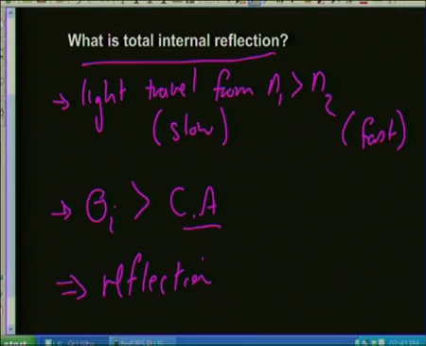So what is this critical angle? The critical angle is equal to the angle of incidence when the angle of refraction is 90 degrees. If it's greater than that, then you're going to get internal reflection.